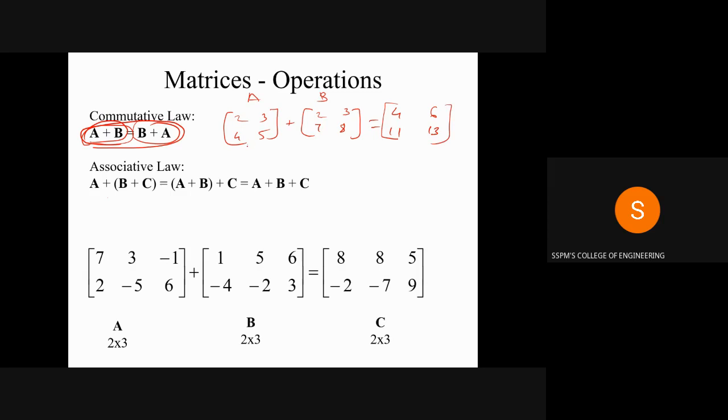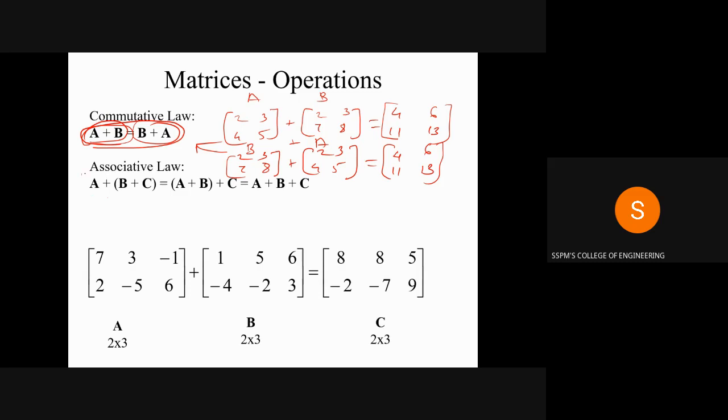Also, if you do B plus A, that is 2 3 7 8 plus 2 3 4 5, what will be the addition? It will be the same as the first: 4 6 11 13. What does this say? This states that matrices follow the commutative law.